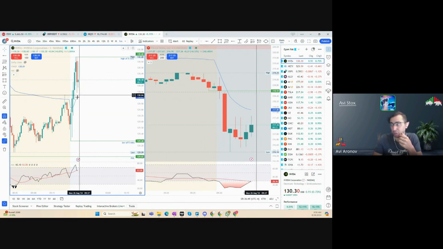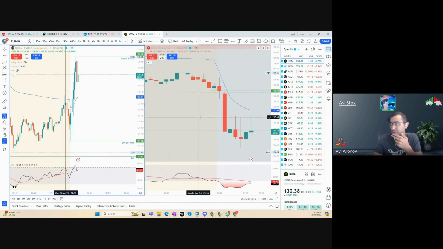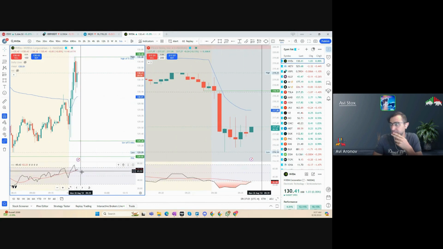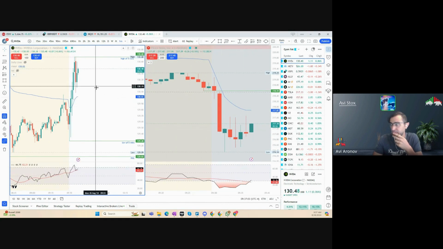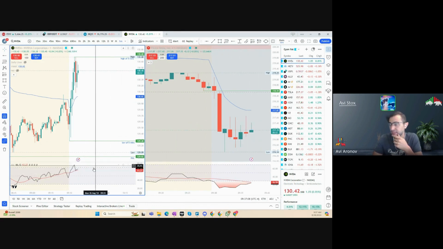It might also retest the VWAP only for the rally. Based on the RSI, it tested the VWAP, so it's showing some strength that it will probably go higher.